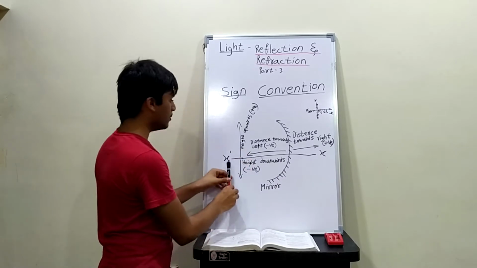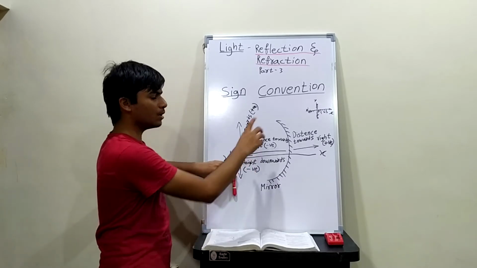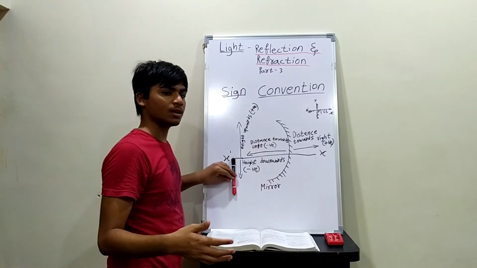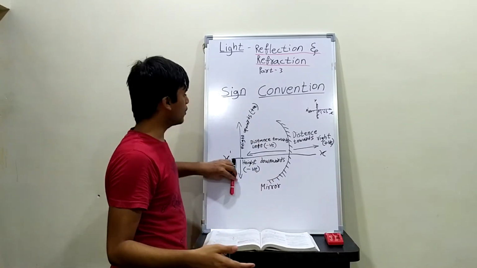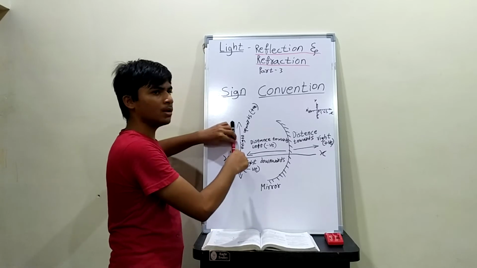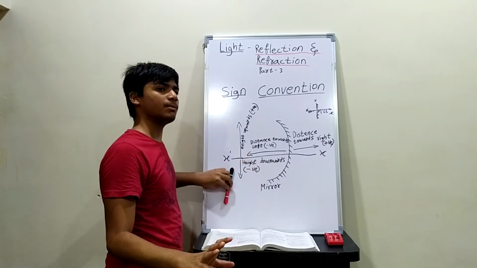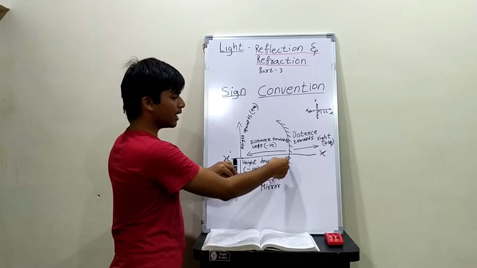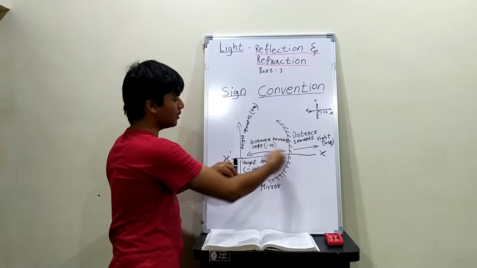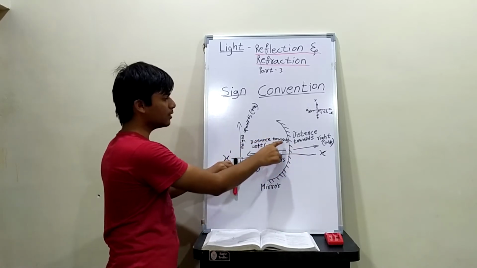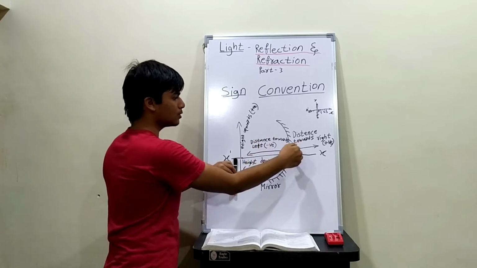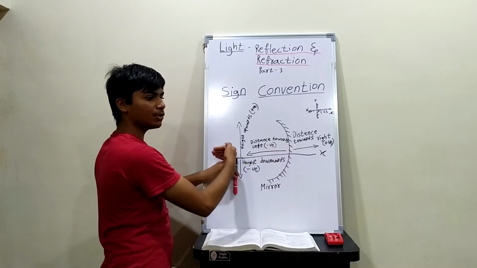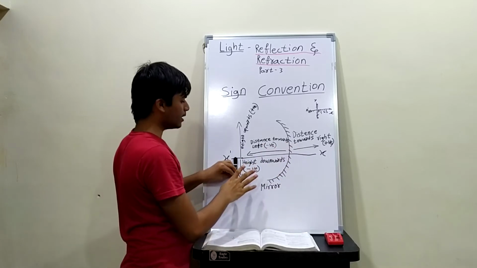Now the image will always be formed here in a concave mirror. They may ask you to find the height of the image. If you keep the object here, the object has a height. When the image is formed, it also has some height, right? The distance of the image is also taken negative, because it's coming towards the left. Direction towards left is negative. From the pole, when we calculate towards the left side, we take it negative.